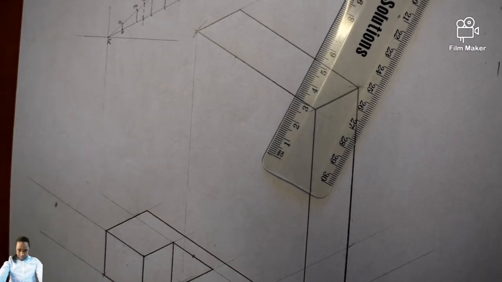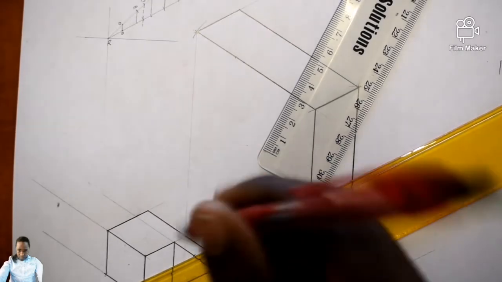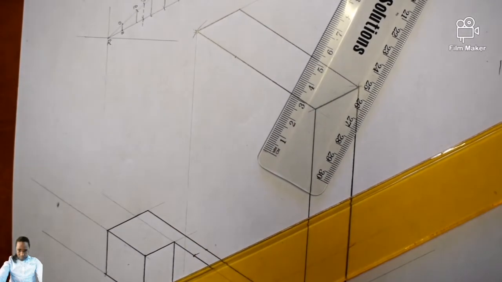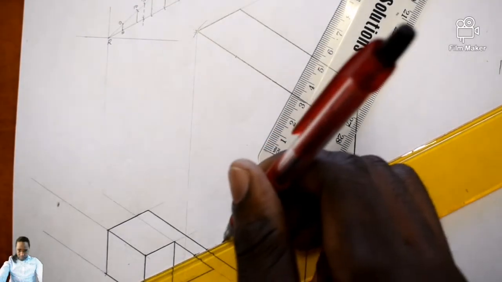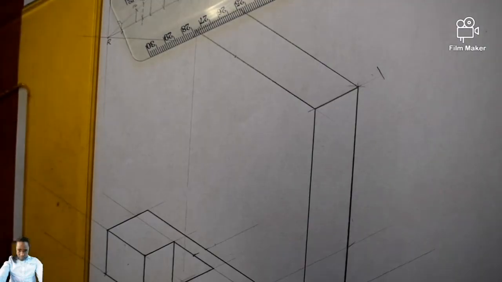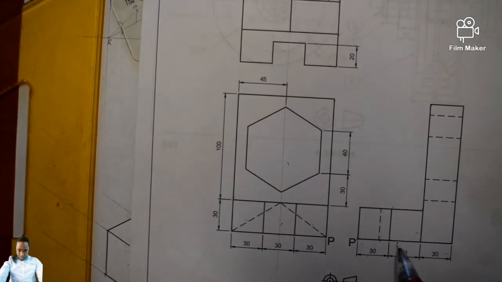Then from there, after, I can now take this as a center line till at this point. So now, excuse me, we're actually working on the second 30.